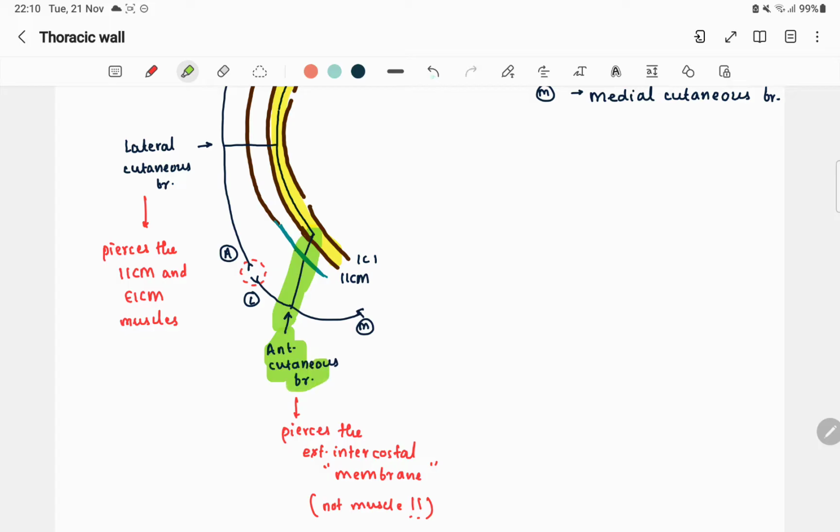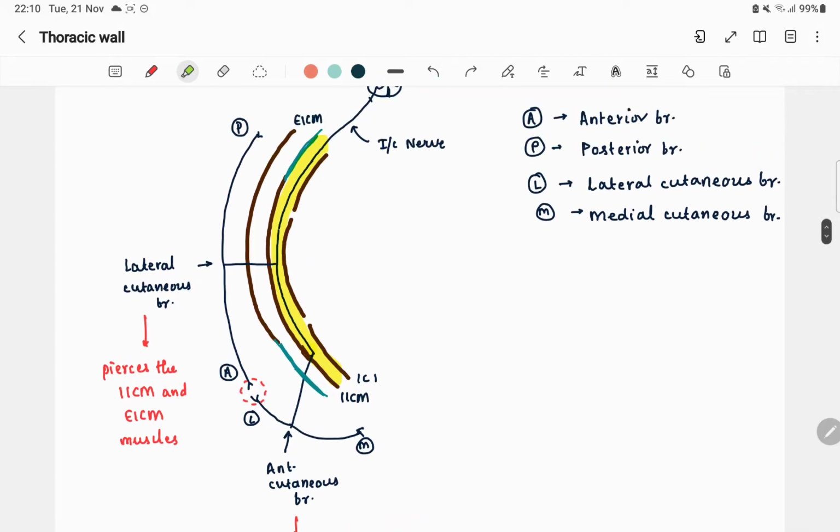This anterior cutaneous branch divides into your lateral branch and your medial branch, okay. And here, at the level where the external intercostal muscle and the internal intercostal muscle are present, is the lateral cutaneous branch. This lateral cutaneous branch divides into a posterior branch and an anterior branch.